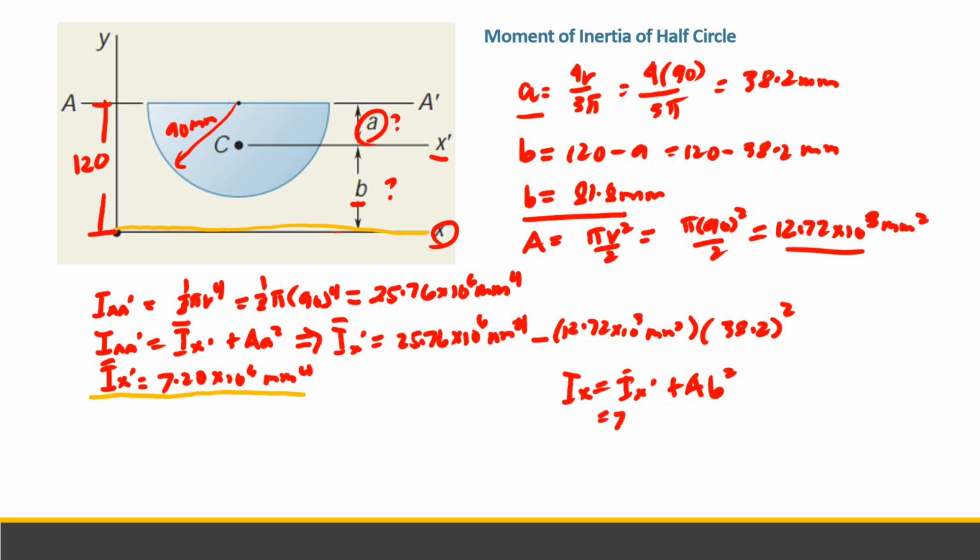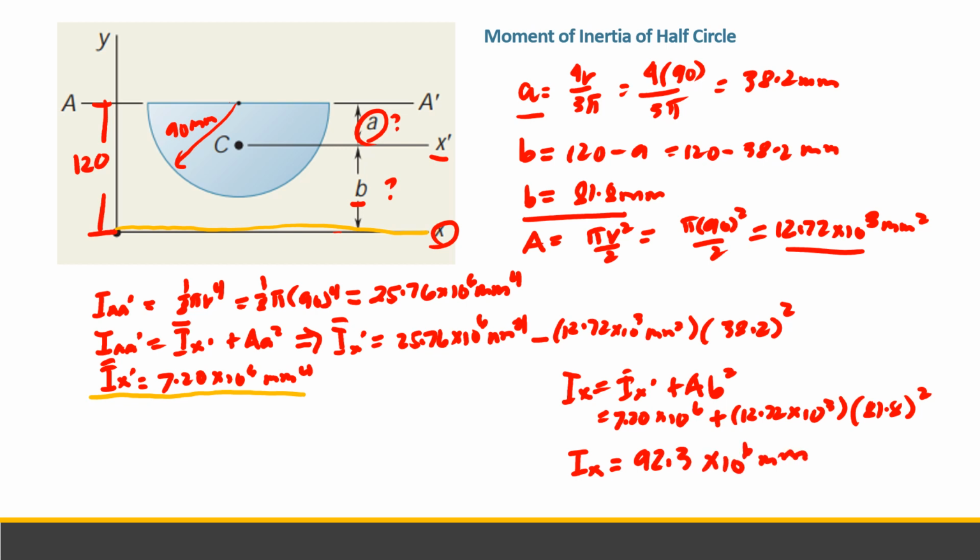So we have here 7.2 times 10 to the power of 6 plus the area, 12.72 times 10 to the power of 3, times b squared, which is 81.8 squared. So the moment of inertia with respect to x is equal to 92.3 times 10 to the power of 6 mm to the 4. So that is our moment of inertia with respect to x.